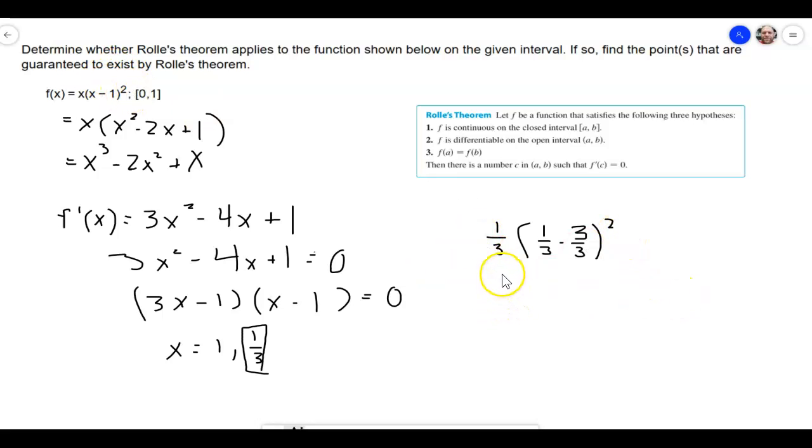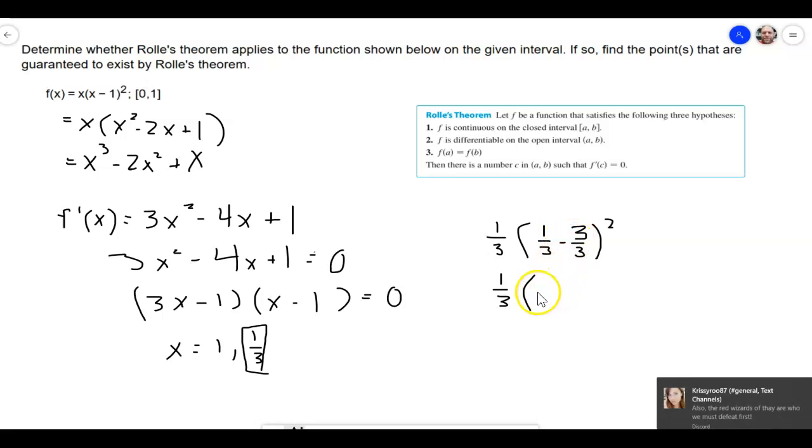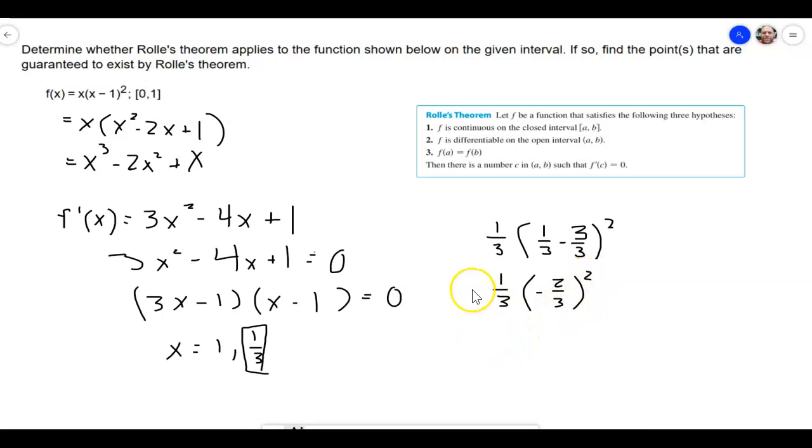And what is this going to be? 1/3 times (1/3 minus 1, which is minus 2/3) squared. And that is going to be equal to 1/3 times 4/9, positive 4/9. Which is going to be equal to 4/27.